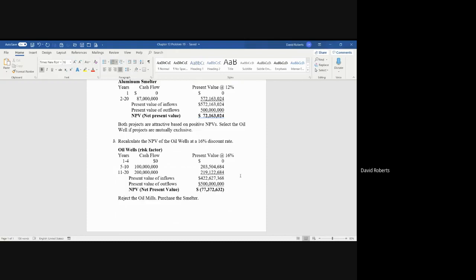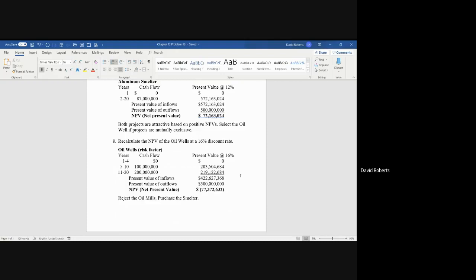The net present value is negative $77,372,632. So in this particular case, by itself, you would not invest in the oil well. It does not give you a sufficient rate of return. You make money off of it. You have positive profits, but not enough to give you a 16% rate of return or higher.